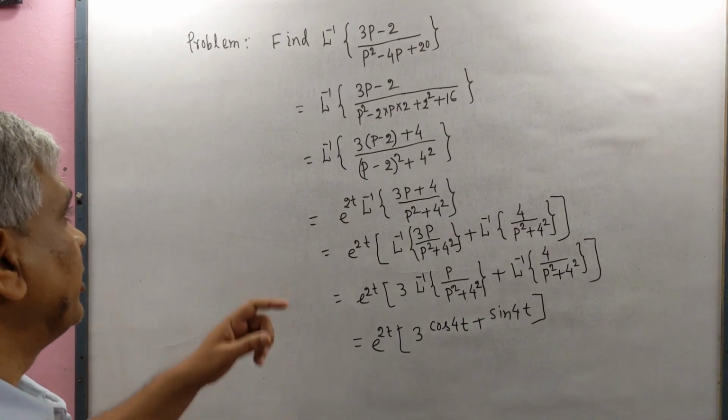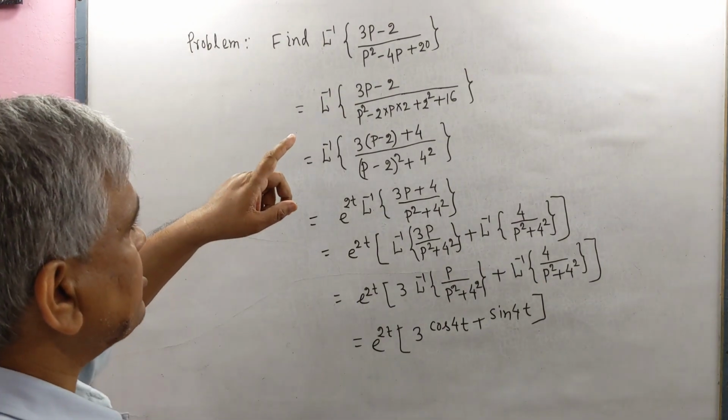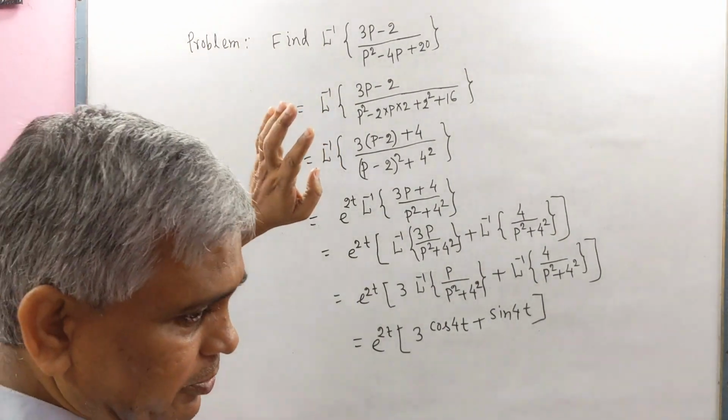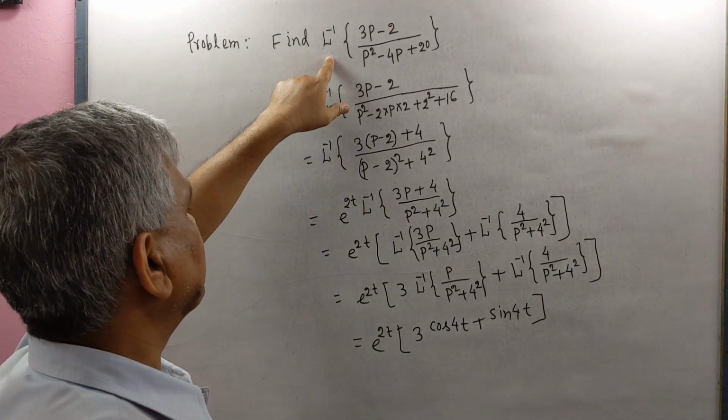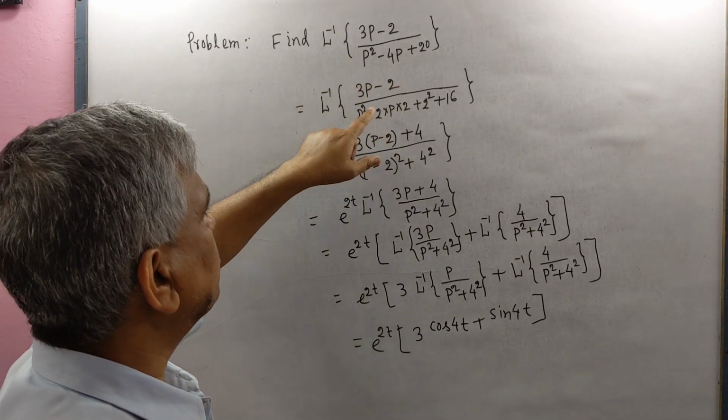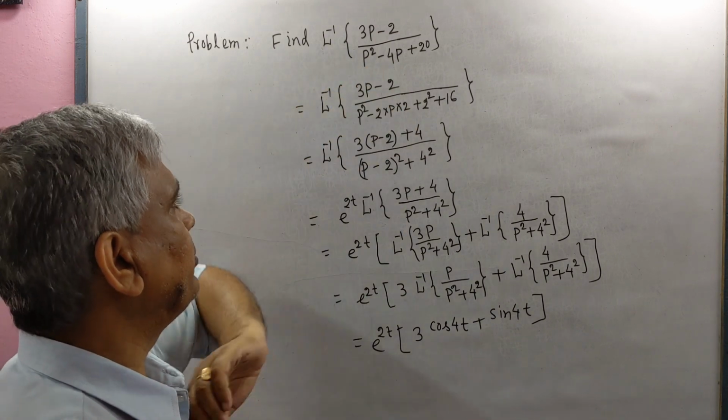Now we solve a problem related to the first shifting theorem in inverse Laplace transformation. Here the given problem is L inverse (3p-2) by (p square minus 4p plus 20).